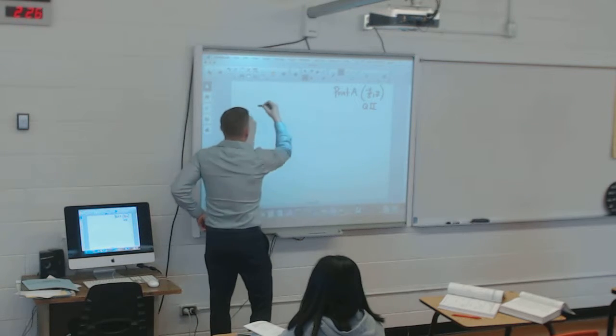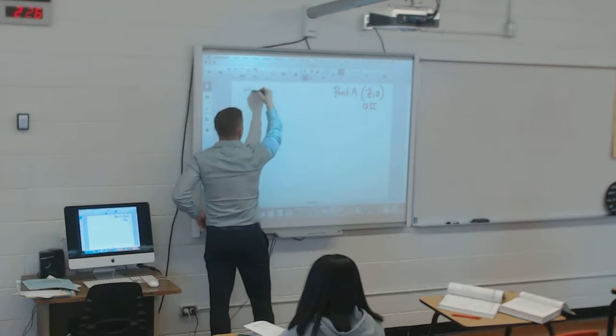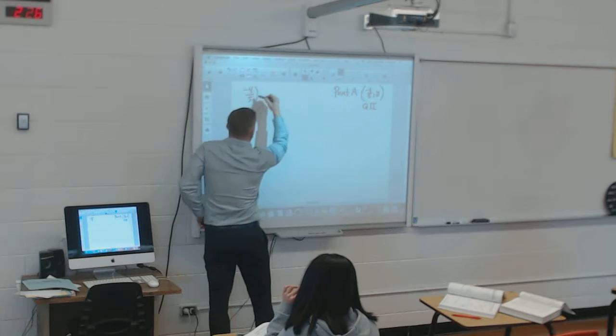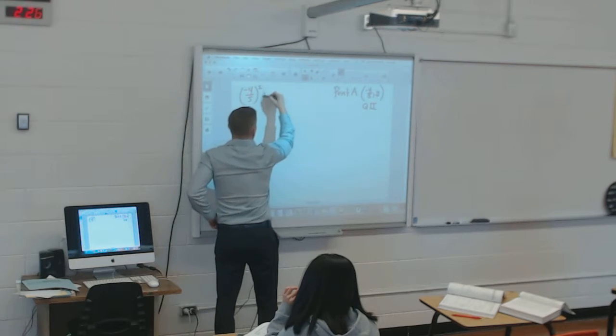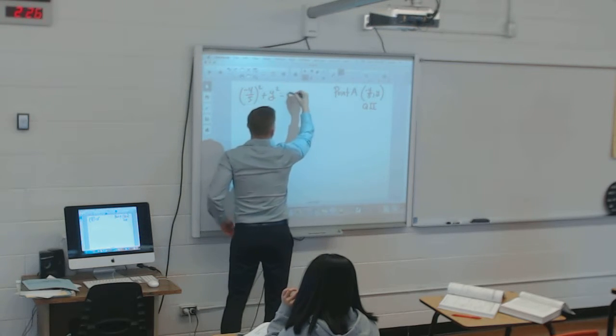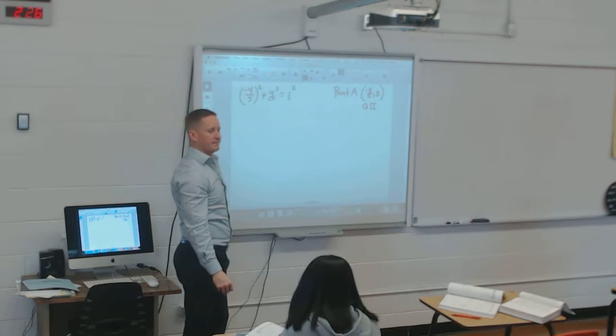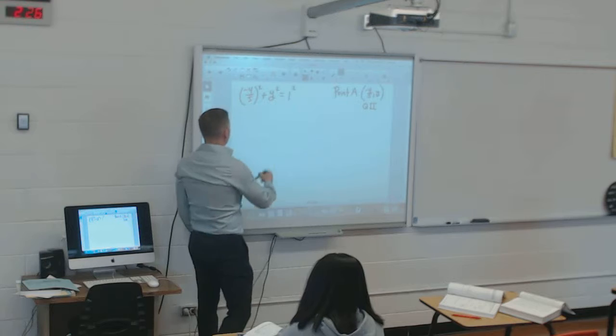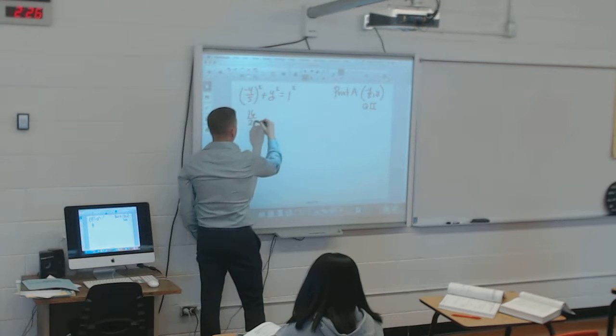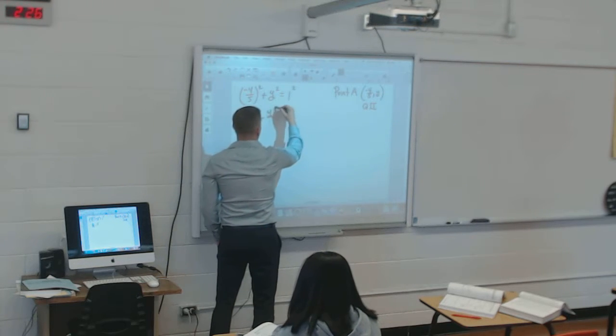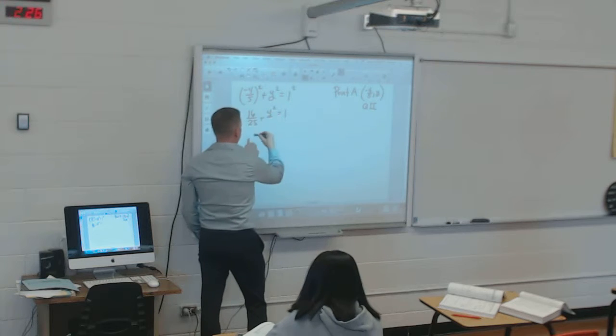So they give us the coordinate negative 4 over 5 and y. Using that same thought process, I go minus 4 over 5 squared plus y squared is equal to 1 squared. Right? 16 over 25 plus y squared is equal to 1.